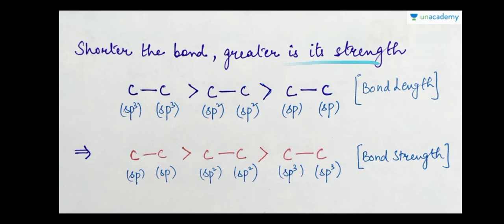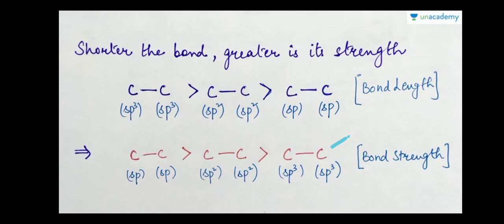So, this was the order of the bond length in which sp3 hybridized carbon atoms had the greatest bond length and sp hybridized carbon atoms had the shortest bond length. So, the shortest bond would have the greatest bond strength, and therefore the sp hybridized carbon-carbon bond would be the strongest bond, whereas the sp3 hybridized carbon-carbon bond would be the weakest bond out of all these.